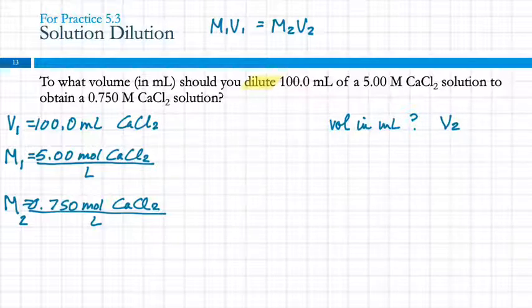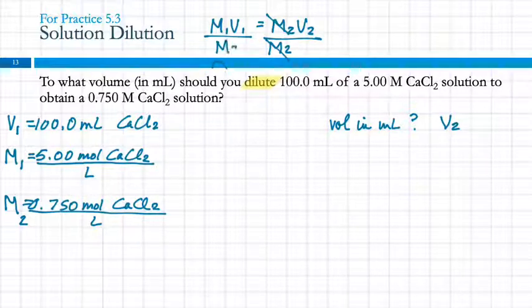So I take my equation up here, and I'm going to solve for V2. Algebra coming up. If I want V2 by itself, I can divide this side by M2, and it'll cancel out, leaving me V2. In order for this to be equal, though, I have to do the same thing to both sides.